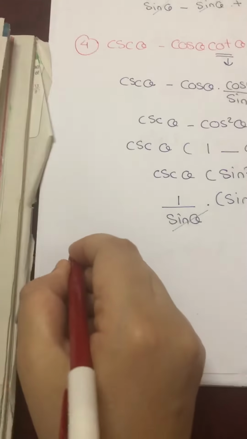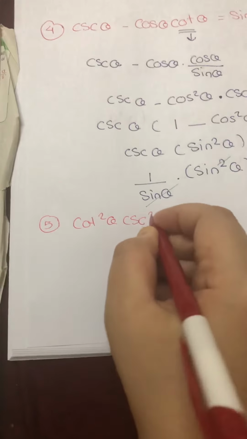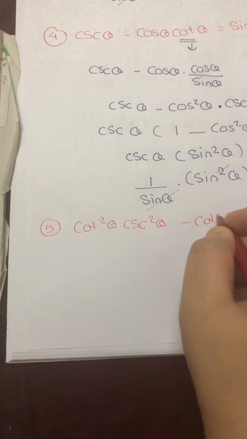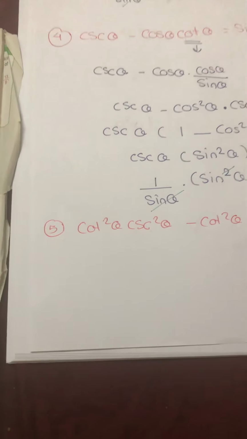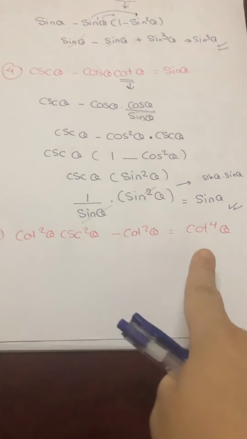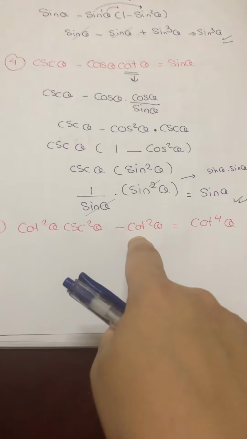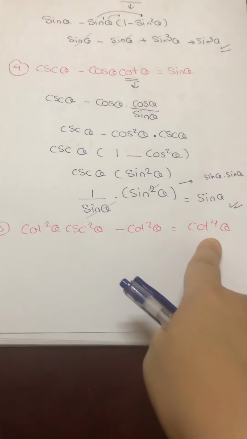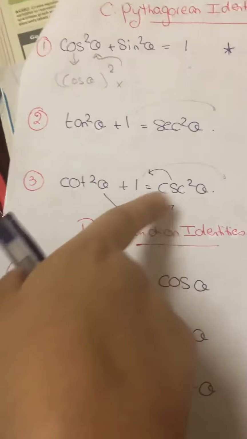Question number 5. Cotan squared theta times cosec squared theta minus cotan squared theta is equal to cotan to the power 4 theta. So what I'm trying to reach is this, and what I'm going to work on is this. So this is full of cotans, and I have this identity that's helpful here. Cotan squared theta plus 1 is equal to cosec squared theta.